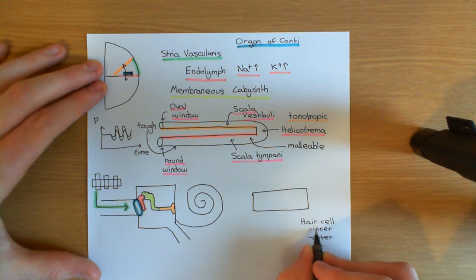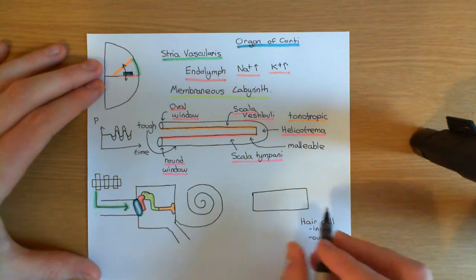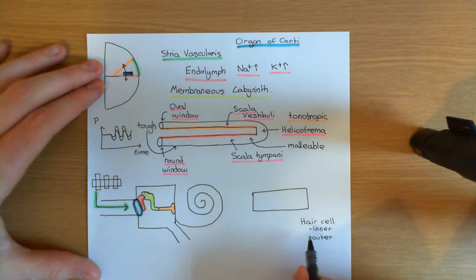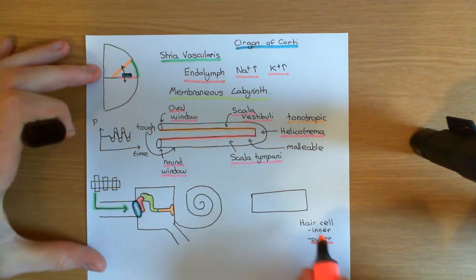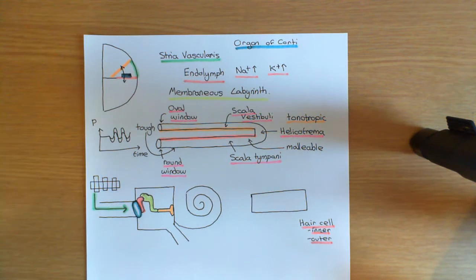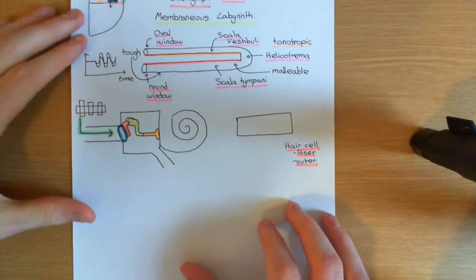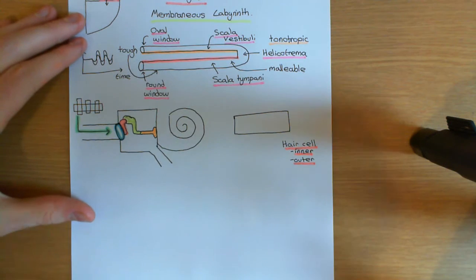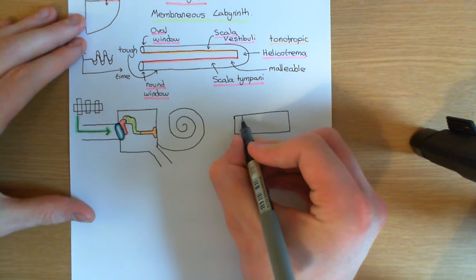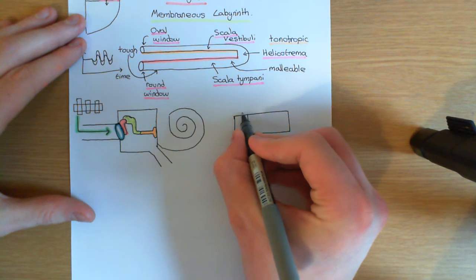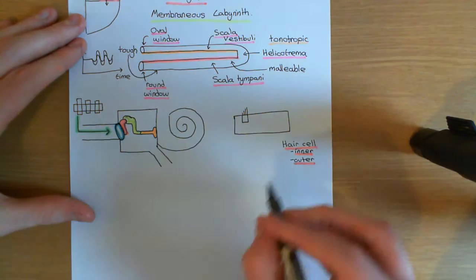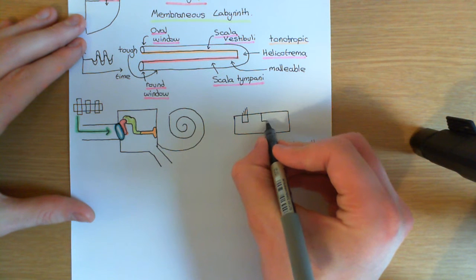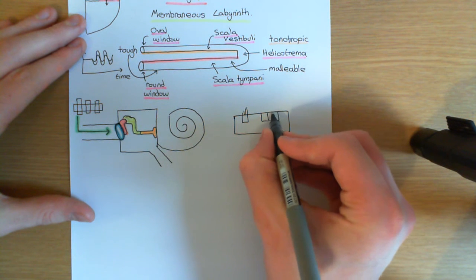The inner hair cells are the ones that face in towards the centre of the cochlea, so they're going to be on this side of the organ of Corti, and the outer hair cells face out to the periphery of the cochlea, so they're going to be on this side of the organ of Corti. When we look at a cross-section of the organ of Corti, as we have here, all we're going to see is one inner hair cell, which I'll draw here, and these are the hairs, which we'll discuss in a lot more detail in a moment, and we're going to see three outer hair cells, which I'll draw like so.